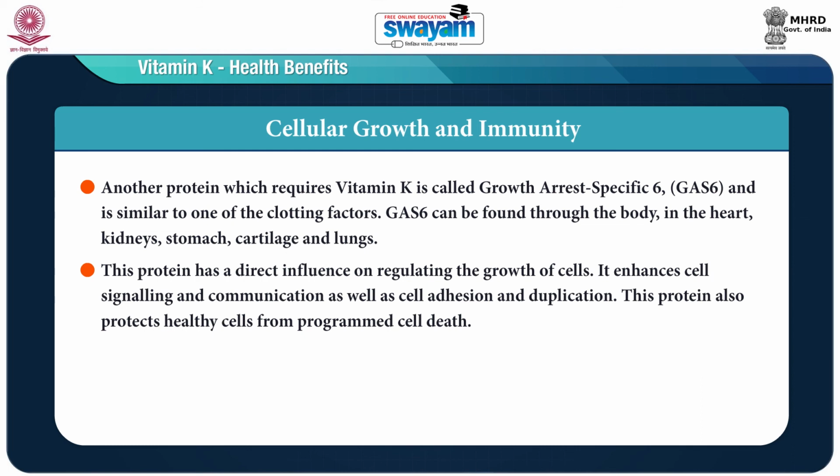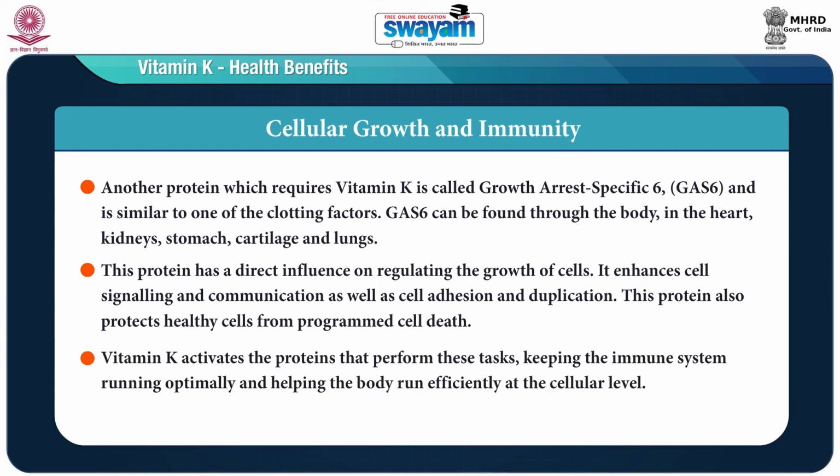It enhances cell signaling and communication, as well as cell addition and duplication. This protein also protects healthy cells from programmed cell death. Vitamin K activates the protein that performs all these tasks, thereby keeping the immune system running optimally and helping the body run efficiently at the cellular level.